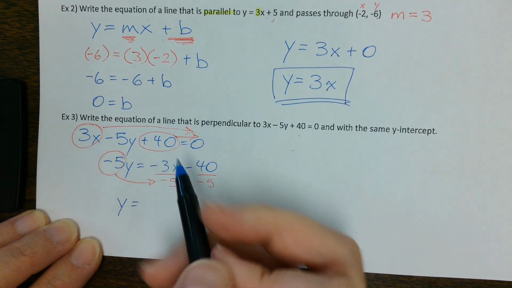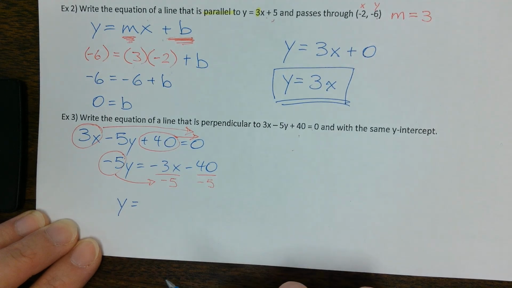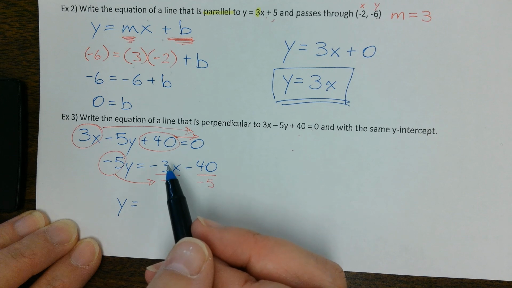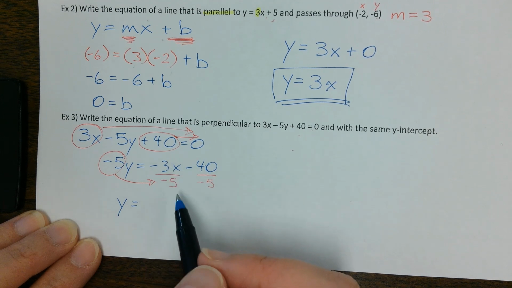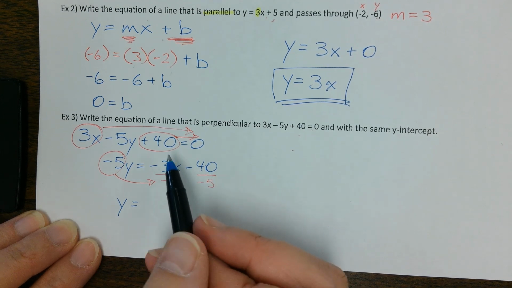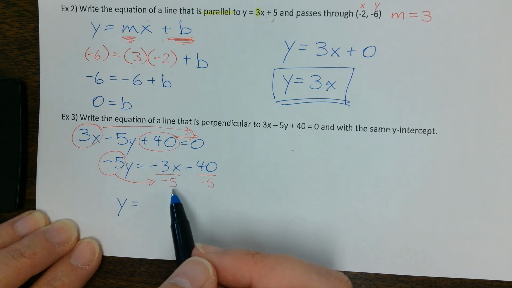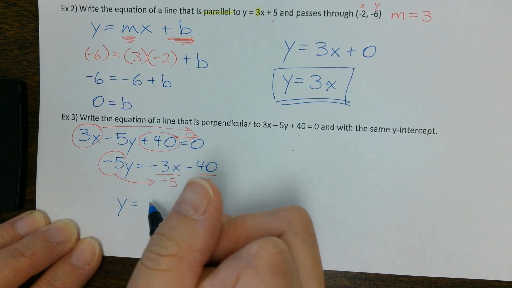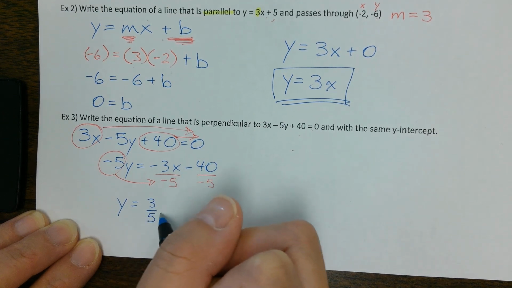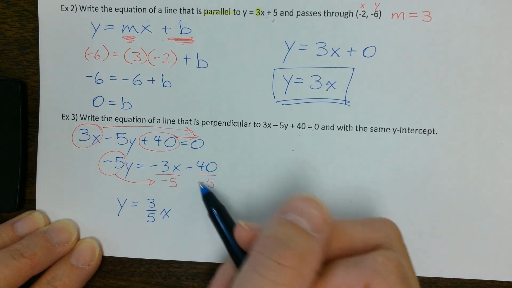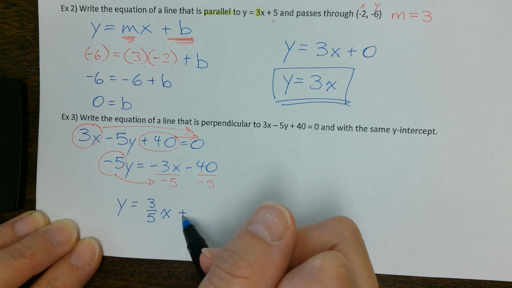So y equals, what does this simplify to? Negative 3 over negative 5, but 2 negatives make a positive, so 3 over 5. Good. And then here, plus 8.